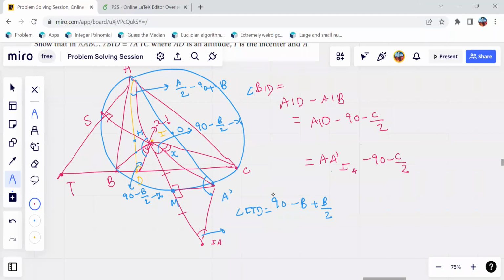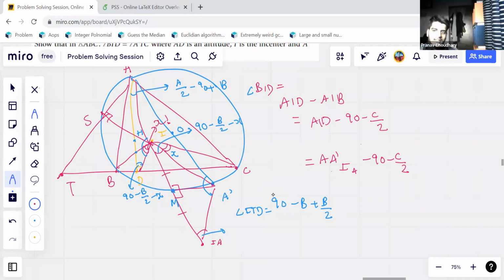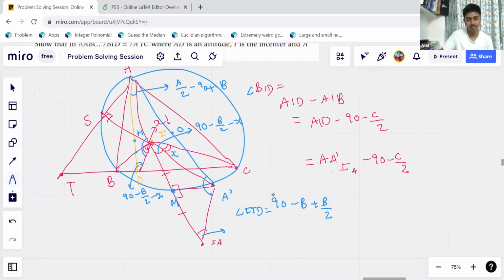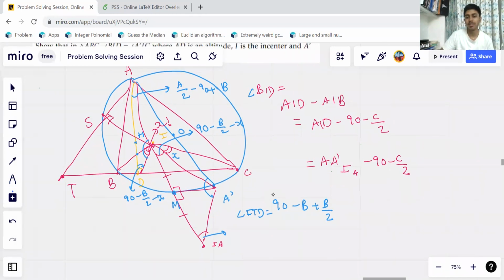And you have that ATDI is cyclic because of the 90 degrees. And then your angle chase is related. Oh, that is nice. That makes sense. Okay, that's actually quite nice.